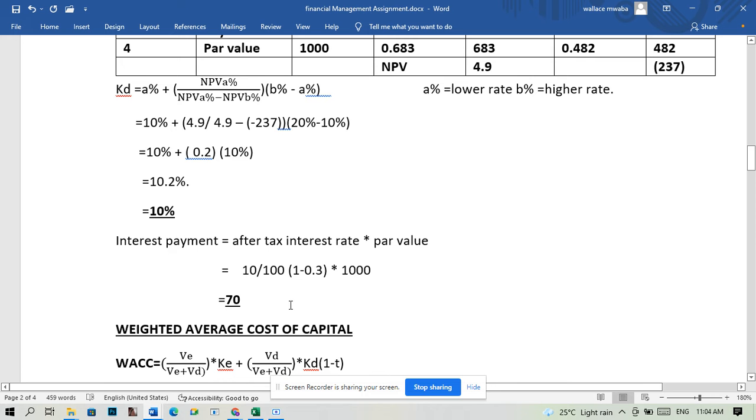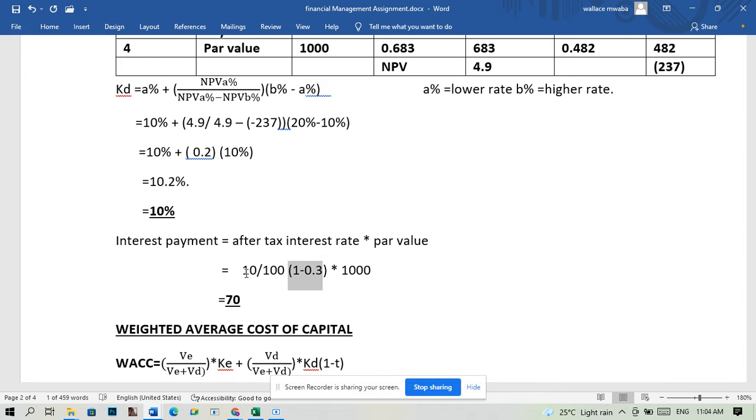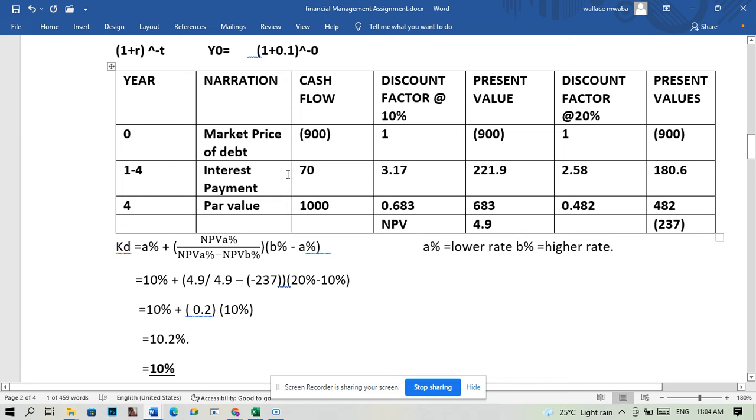Then you say 1 minus 0.3, that's 0.7. 0.7 times 10, that should be 7. So you say 7 times 1,000, that's 7,000. 7,000 divided by 100, that's 70. So that is our interest payment. From year 1 to 4, we'll be receiving interest payments.